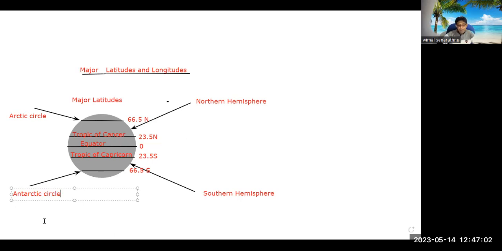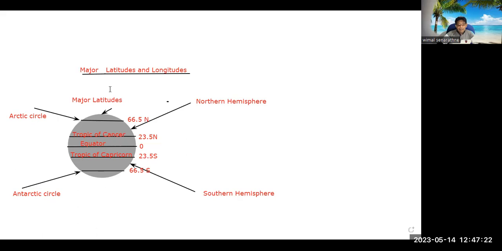Antarctic වෘත්තය. Right, then there is a latitude. It is actually only a spot, that means not a big circle.